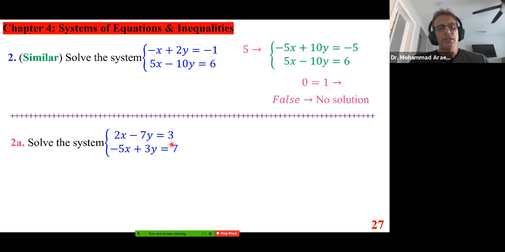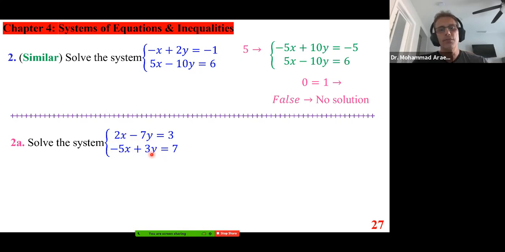In the second case, you first decide what variable to get rid of. If, for example, you want to get rid of x, you're going to multiply, let's say, the first one by 5, the second one by 2, because you want the coefficients of x to undo each other. If you want to get rid of the y, you can multiply the first one by 3, the second one by 7, okay? Because they do have different signs, you don't have to multiply by a negative.